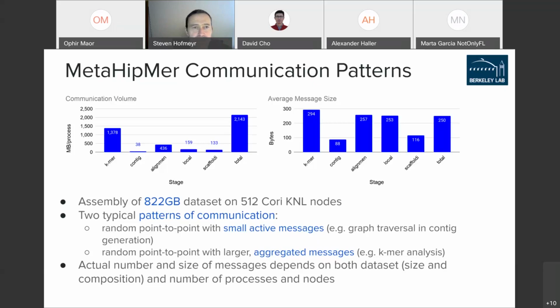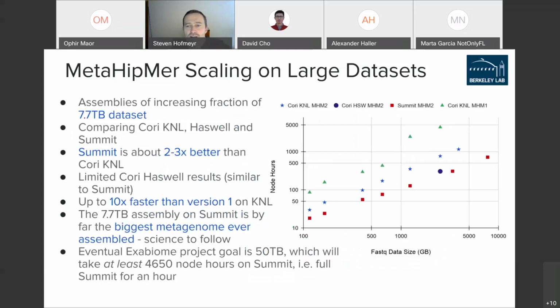This 512 nodes is fairly large for this size data set, so you don't expect very large message sizes. So how does MetaHipMer scale on very large data sets? Here I'm showing results of something we did recently, where we assembled almost a 7.7 terabyte, or almost 8 terabyte, data set, and this is terabytes of reads.